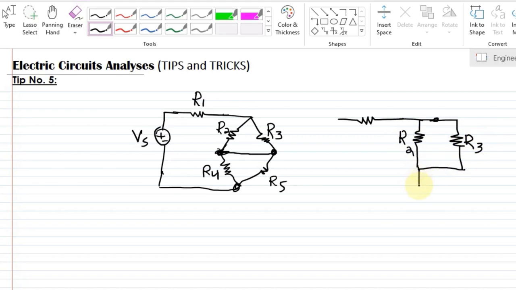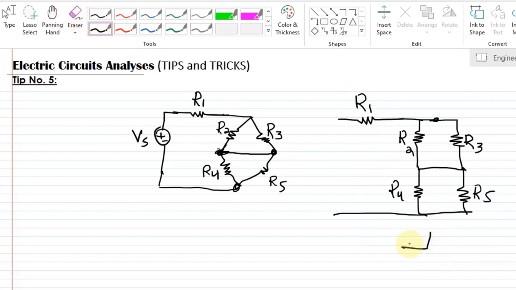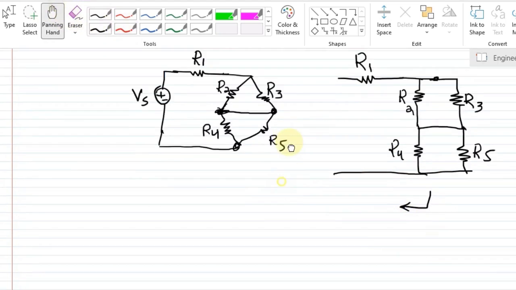Similarly, these two ends of R4 and R5 are also shorted together, so this is R4 R5. Okay, so let me simplify them more.